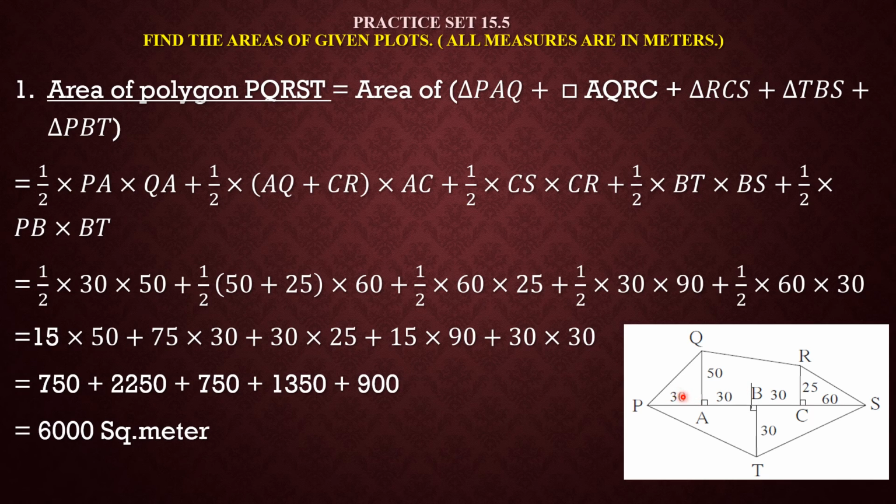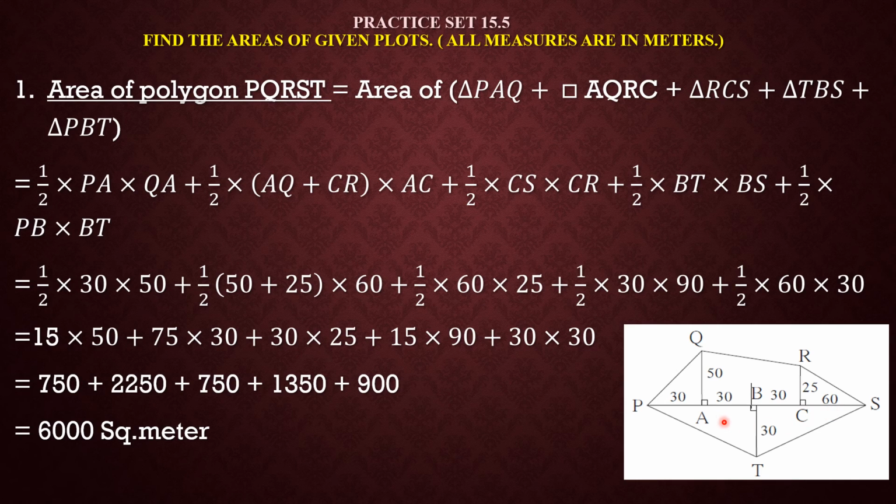So here you can see there is first triangle, triangle PAQ. Then next to this triangle there is the quadrilateral QRCA. After that there is another triangle, triangle RCS. Then there is again one triangle, triangle TBS.